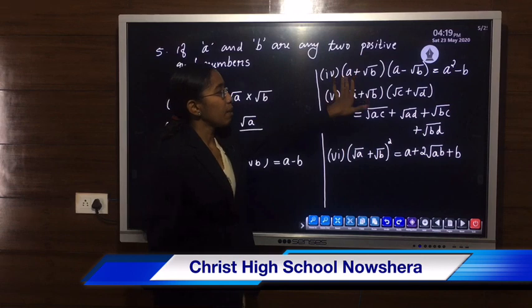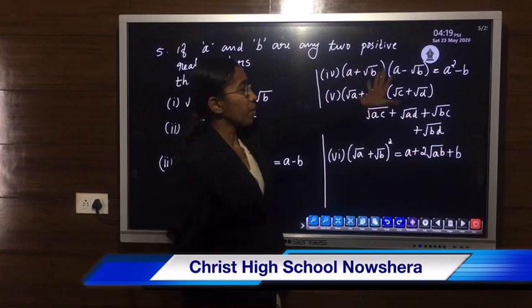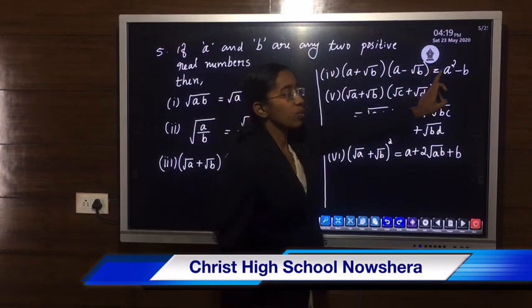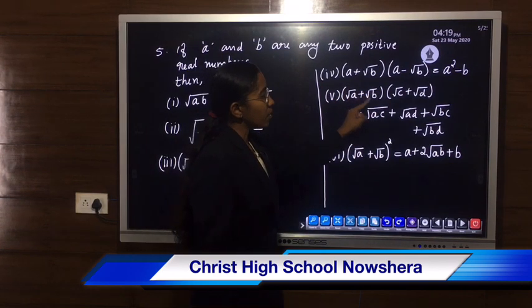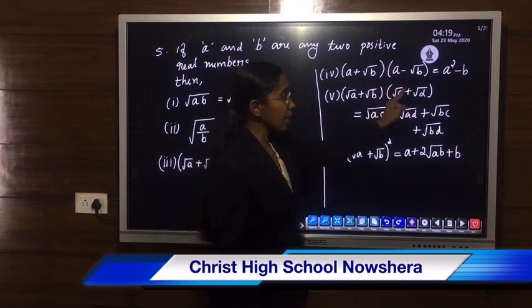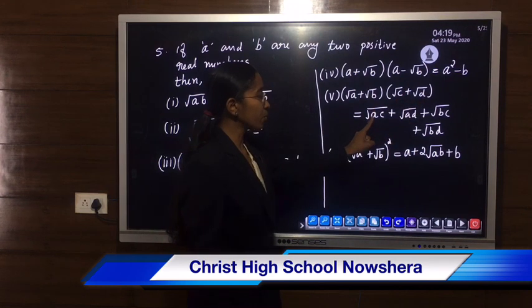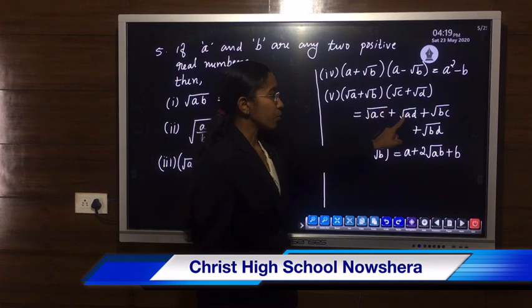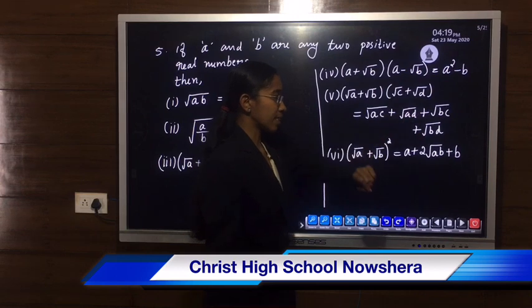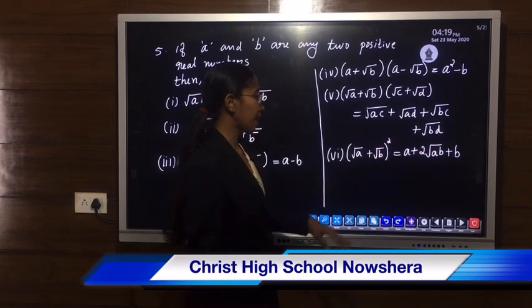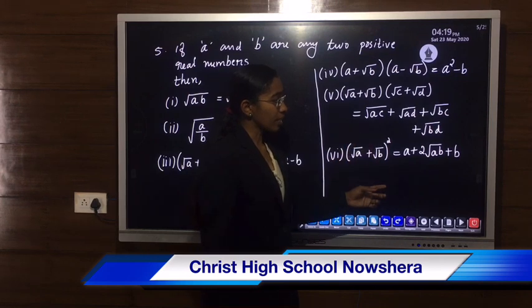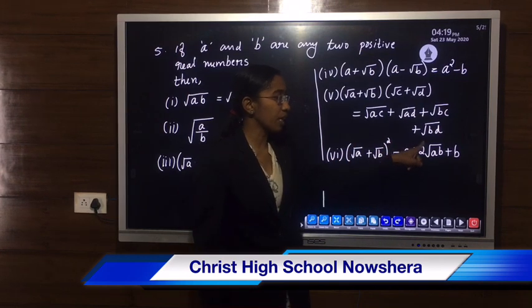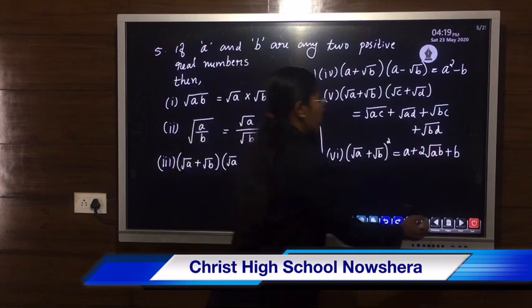And a plus root b into a minus root b is equal to a square minus b. And fifth equation, root a plus root b into root c plus root d is equal to root ac plus root ad plus root bc plus root bd. And last equation, root a plus root b whole square is equal to a plus 2 root ab plus b.